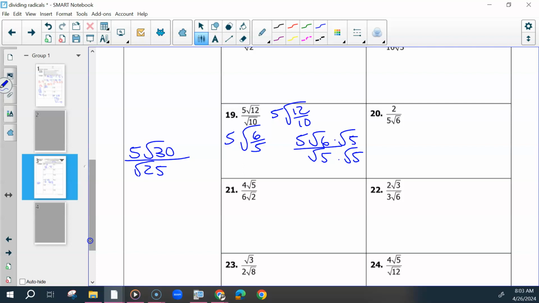But square root of 25 can. So the 5s are going to cancel, just leaving the square root of 30. If you had started off with rationalizing, you would have multiplied both by the square root of 10. In the denominator, you would have just had 10. And then in the numerator, you would have simplified the square root of 120, which would have simplified down to this.